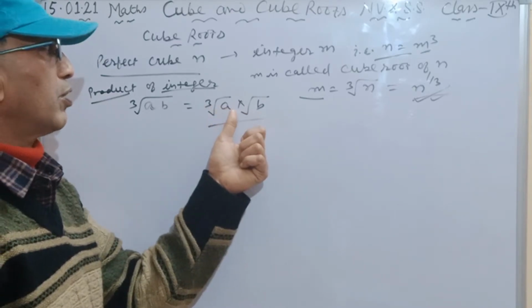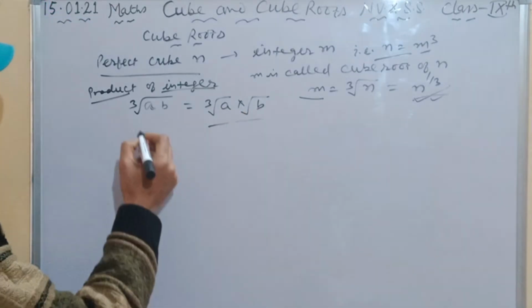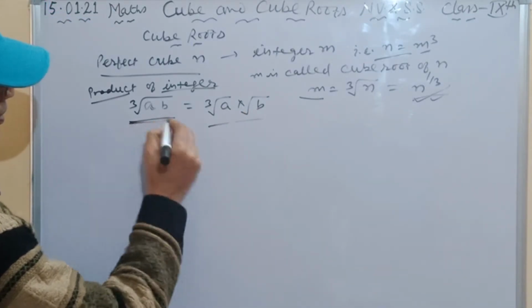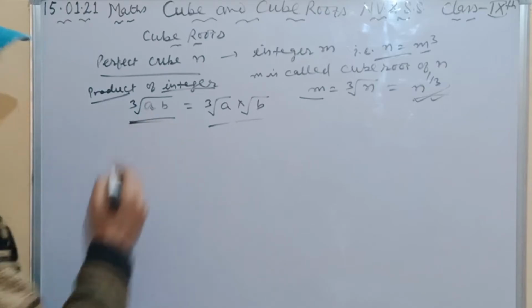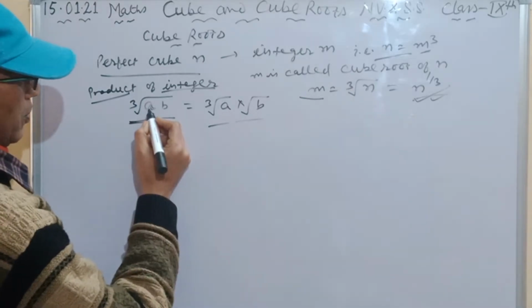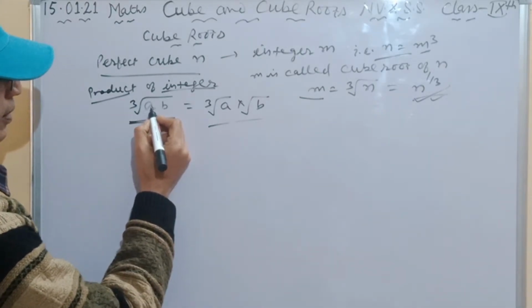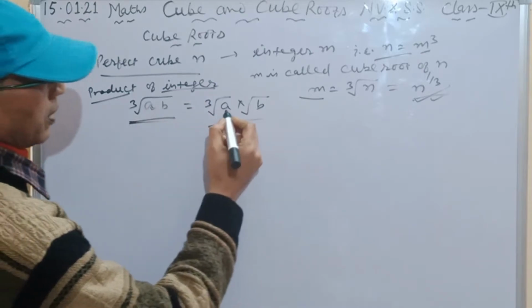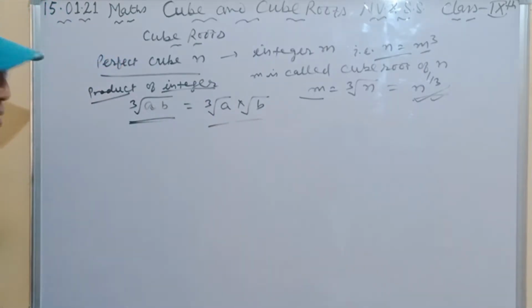That means if a and b are given integers, then the cube root of their product is the product of the separate cube roots.